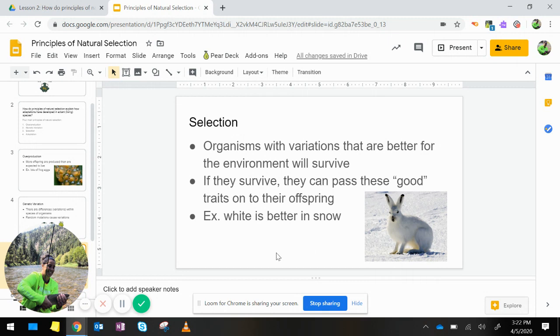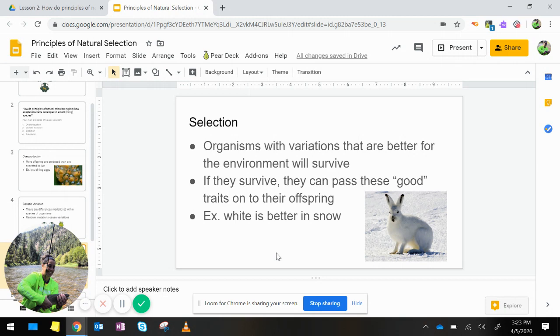So for one example, think back to the simulation that I showed you in the last lesson: the white color for rabbits was a lot better in the Arctic environment, in the snow environment, than the brown color. That's called selection.